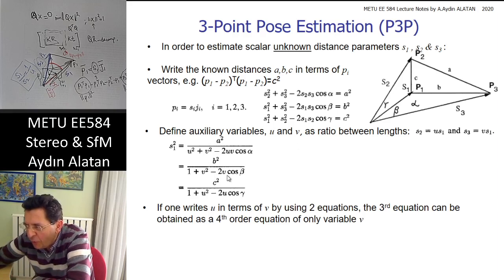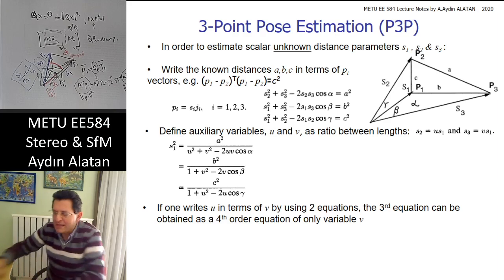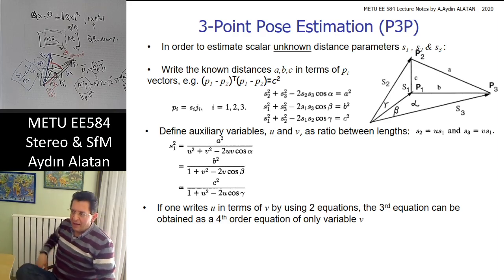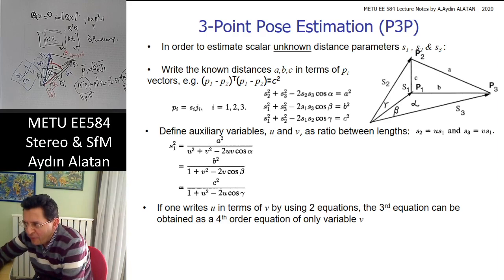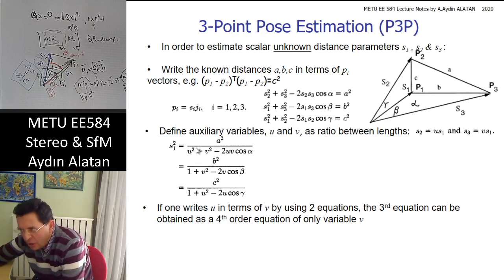If you take two of the equations and get rid of V, then you will have a third equation as a function of U only. Therefore, I equate them to each other. I take U and write it in terms of V, and then I insert that U into the last equation.